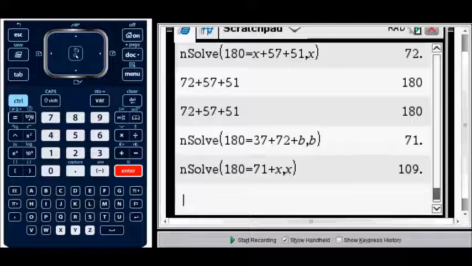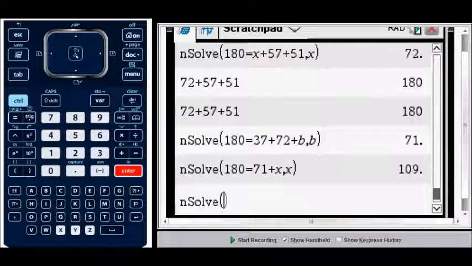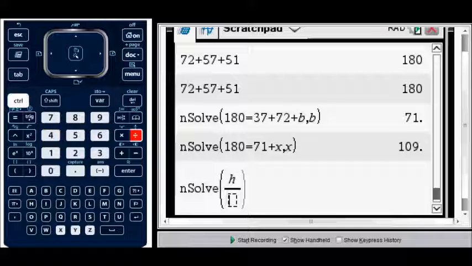Alright, so now I'm going to put that original proportion that I wrote in numerical solve. I'm going to hit Menu, Algebra, Option 1, which is Numerical Solve. And I'm going to put H, then fraction bar, because it's H over 7, is equal to 3 over 4.